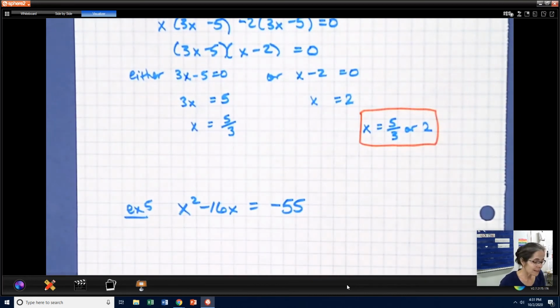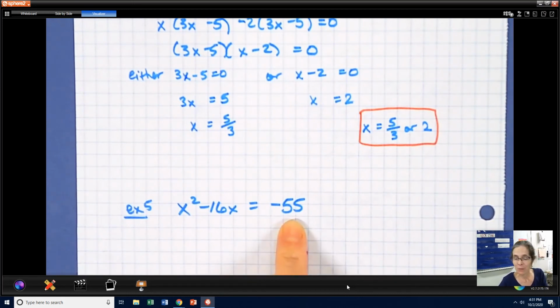But I want to use that zero product property because it just helped me find the answer to quadratic equations. So I need to rearrange this so that it's all equal to 0 somehow. So what I'm going to have to do is get rid of this on the right-hand side so that that's a 0.